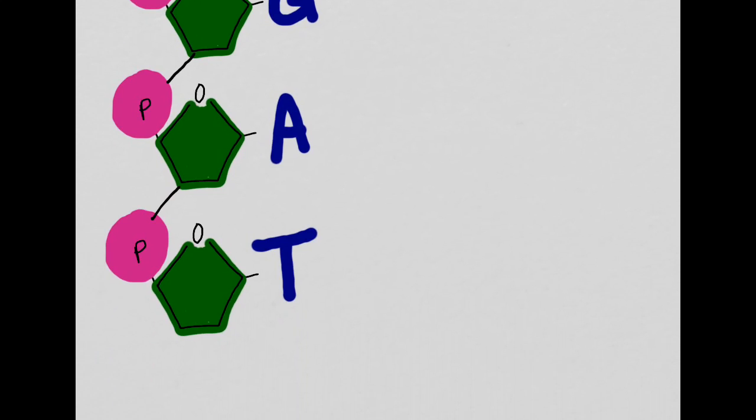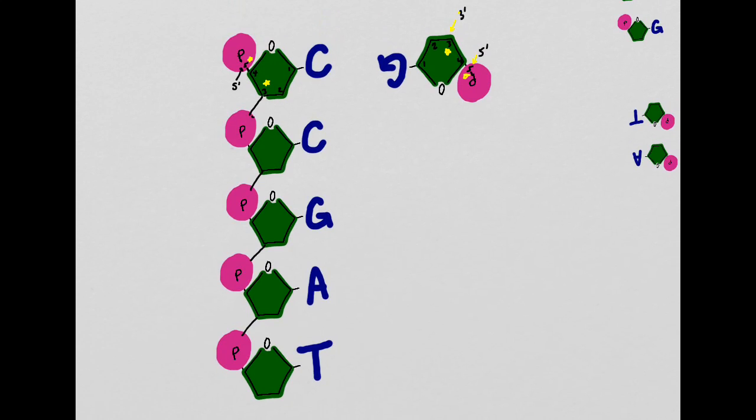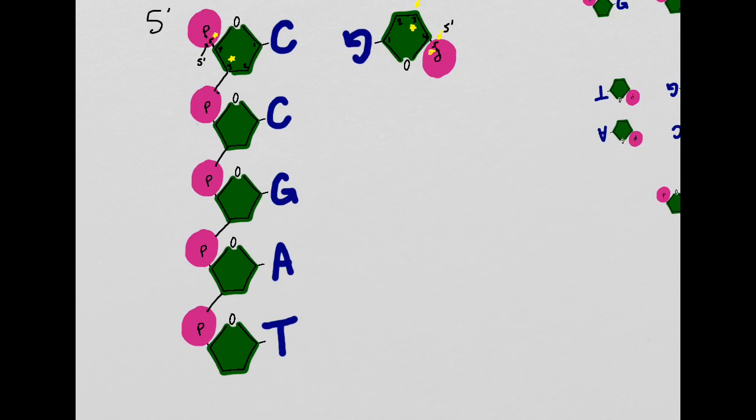You can see on this side that we have a 5 prime carbon as the up carbon. And at the bottom of our sugar, the bottom of our short little DNA strand, we've got a 3 prime carbon. So we say that this side is the 5 prime to 3 prime strand. It runs 5 prime to 3 prime.